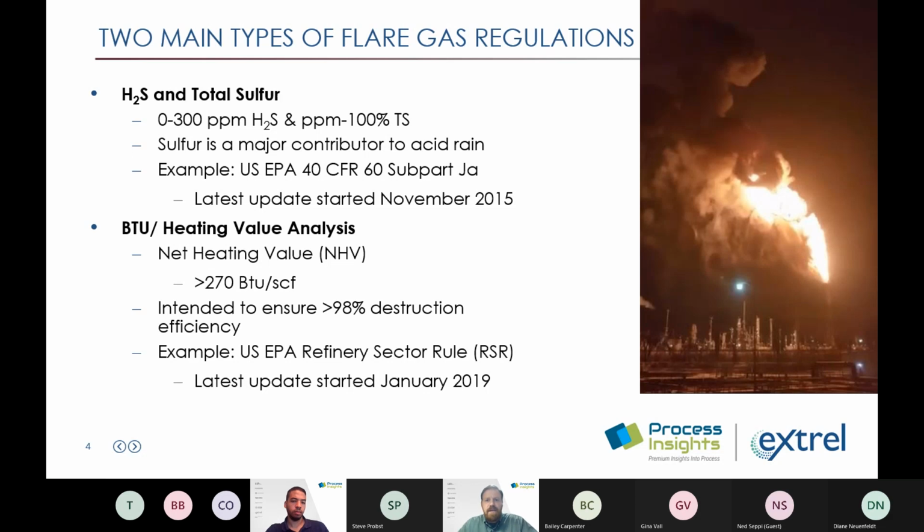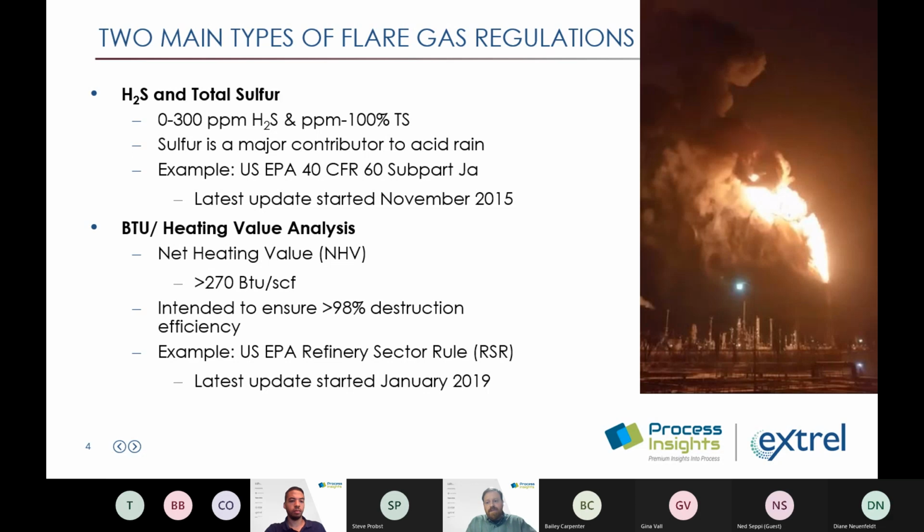It requires that a refinery measure H2S in 0 to 300 ppm and total sulfur in a level that goes from ppm level up to high percent level, depending upon what potential exists at the site for releasing that sulfur. So historically, if they had an 80 or 90% H2S release, they're going to have to measure total sulfur up to 80 or 90%.